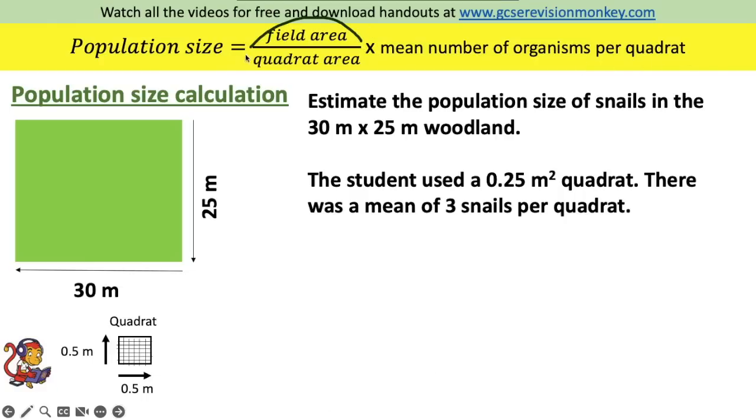Because this first bit will tell you the number of quadrats that would fit in a field. So the field area divided by the quadrat area would tell you how many of these quadrats would fit side by side in the field. And then if there was a mean number of 3 snails per quadrat, multiply that by 3, and that will give you an estimation of the population size.